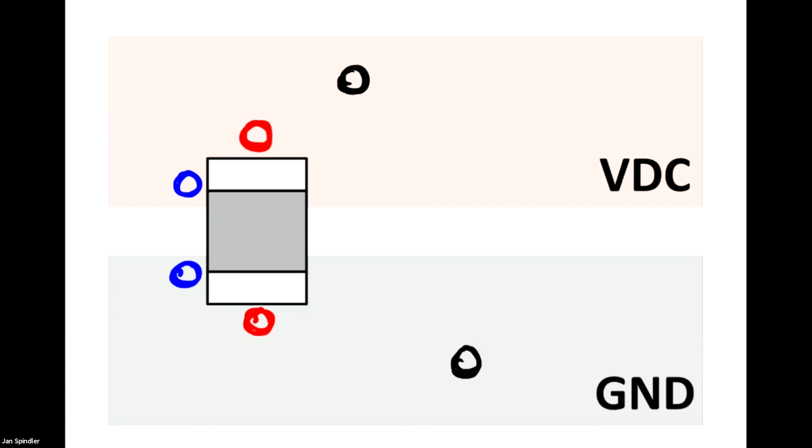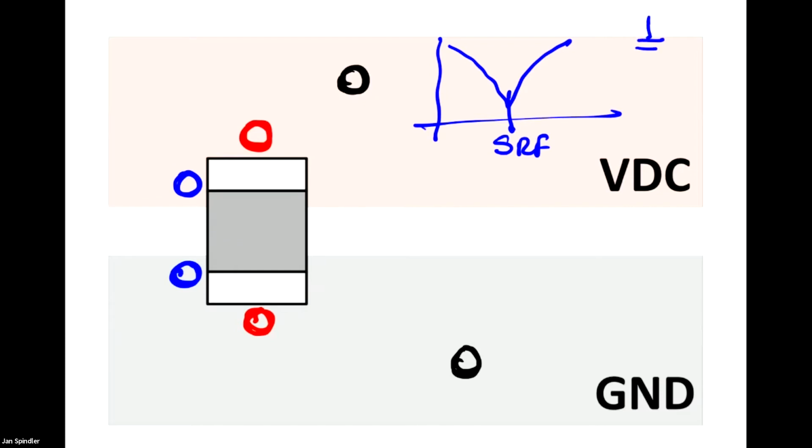The important part of this work is not the inductive value of the capacitor, the self-resonant frequency of the capacitor, because this is the inductance you consider when you are modeling the capacitor. I don't know, in 1206 package or 0805 package, you have around 1 nanohenry, 1.2 nanohenries of inductance.